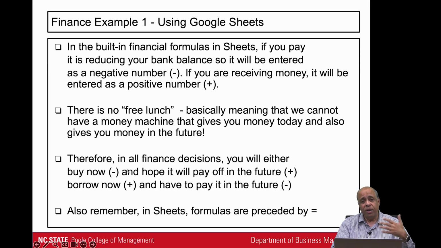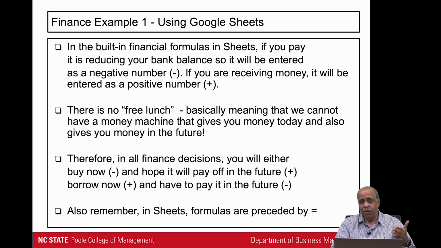Or what is the other scenario? I can borrow some money. If I'm borrowing money, what happens? I'm going to get some money in. So that's a plus. But I have to repay the loan in the future. So that's an outflow. That's negative. So what you can see is literally all the decisions that we make in finance, you're not going to have money both today and all times in the future. All right. So that kind of a money machine does not exist.